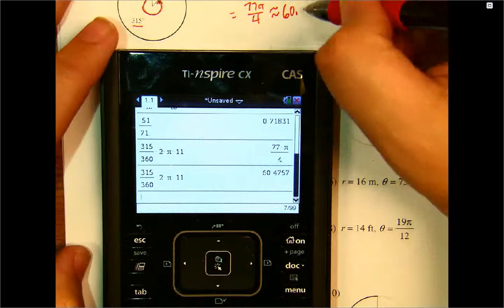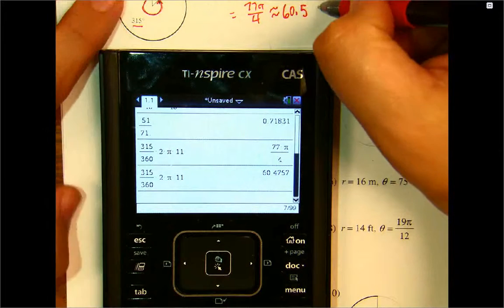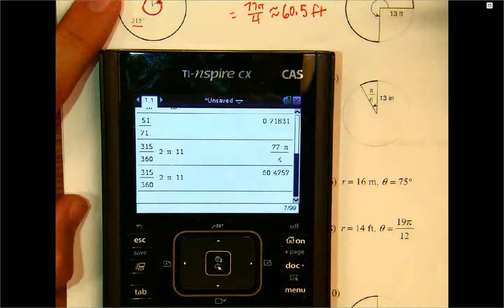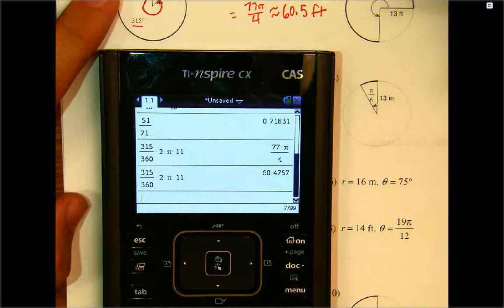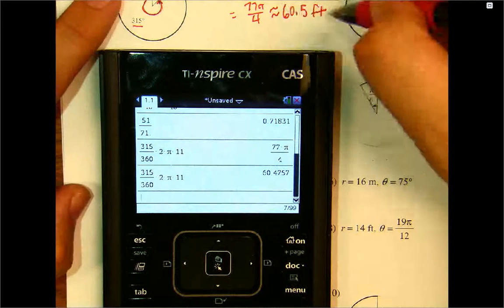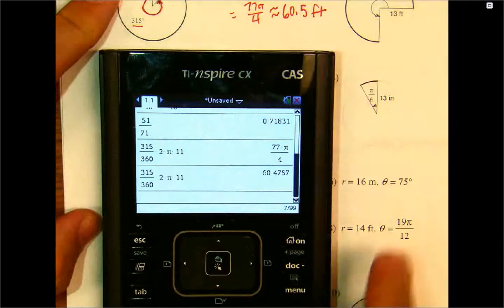We're going to round that to 5, and that's in feet. So you got to make sure that you don't have just a number. We need a unit. We need to actually put the units with that.